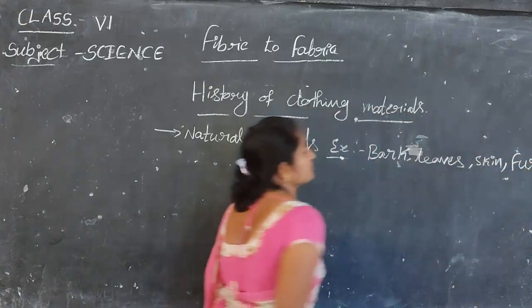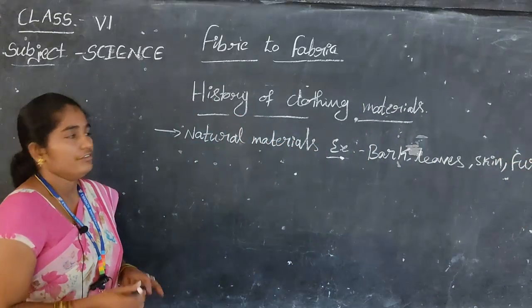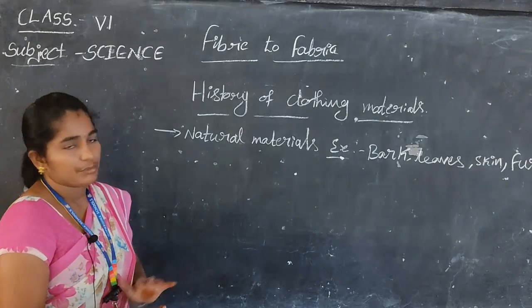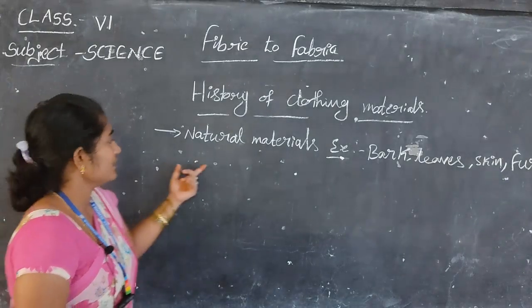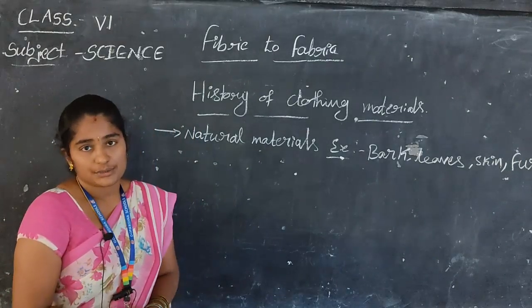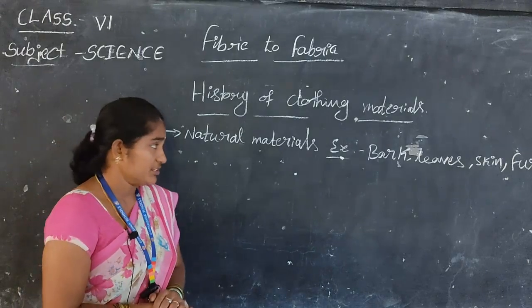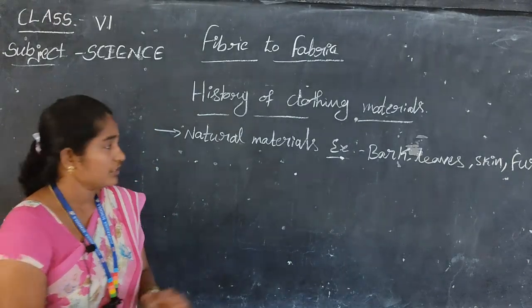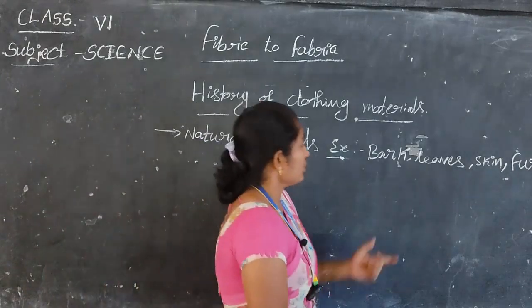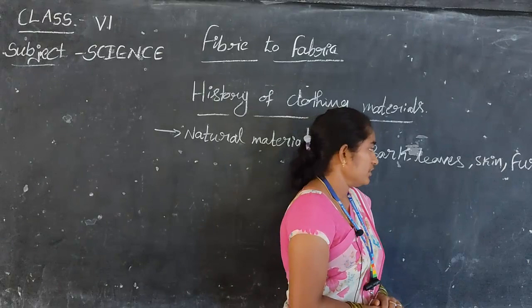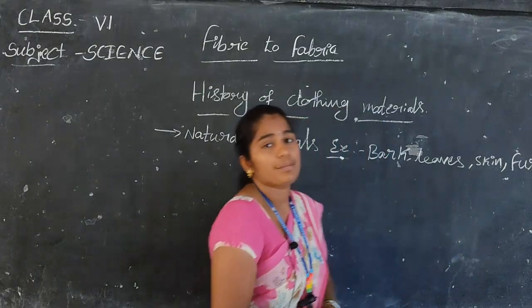Fur of the animals they are taking. That natural materials means which are available in nature. The early peoples, they are using it to cover their body. They are using the bark of the plants and leaves of the plants and skin of the animals and fur of the animals.